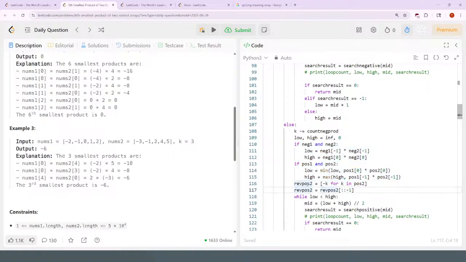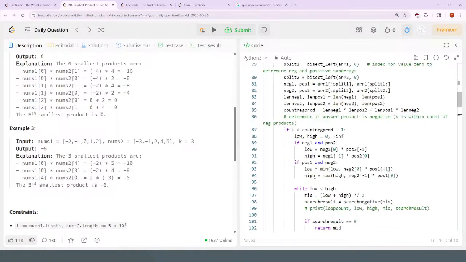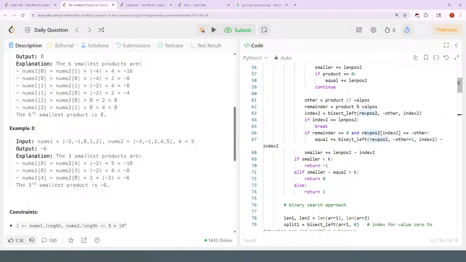The positive product space is going to be multiplying negative times negative, or positive times positive. And the way the logic of my code generally works, it's better if I use bisect left, where bisect left gives the first occurrence of it.